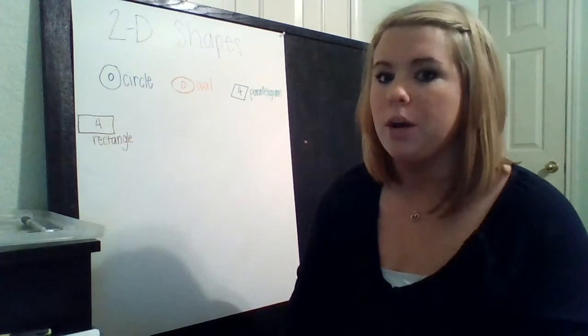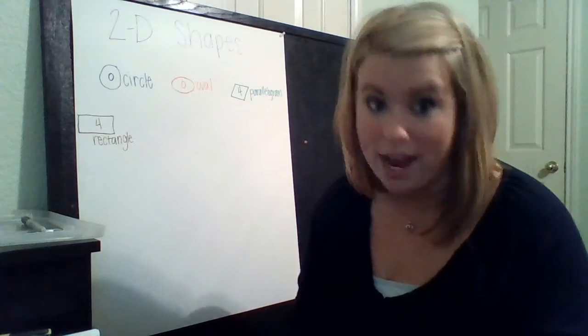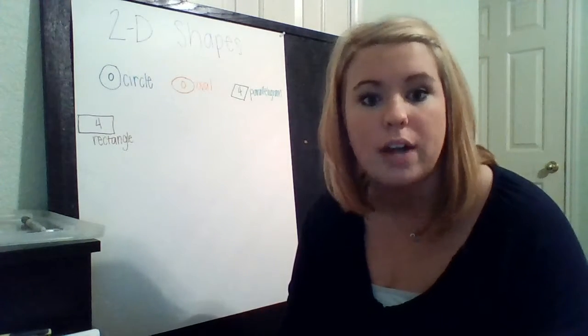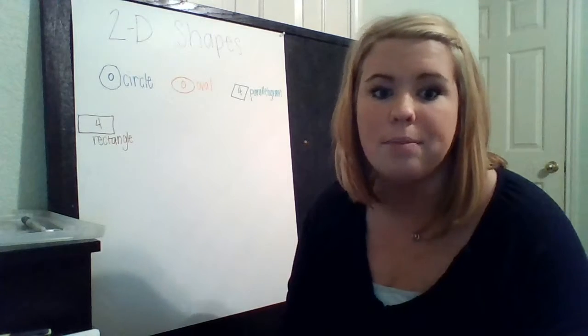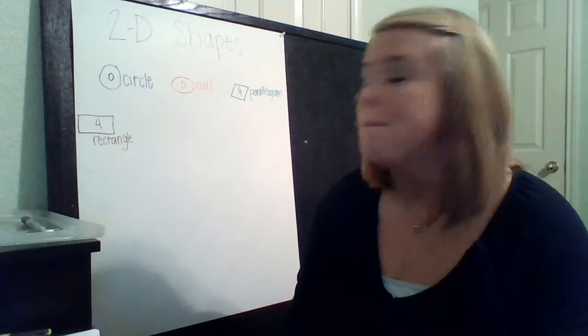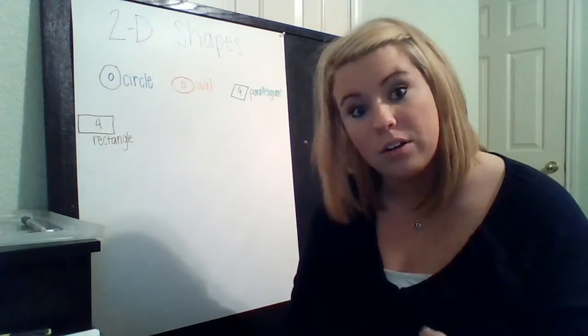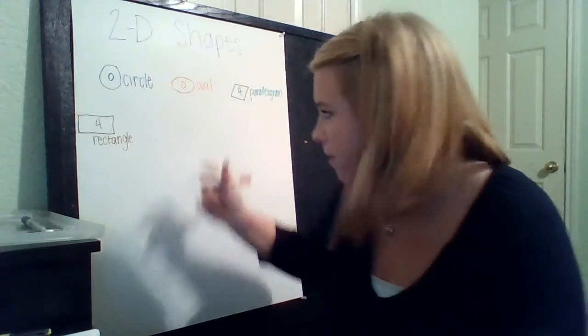And then we're going to give a break of the boxes and the 4 sides a little bit. We're going to go backwards and we're going to do triangles. So if you remember, there's different ways that triangles can look. They still have 3 sides, but I'm going to draw 2 different ones to show you that a triangle can still be a triangle, but just look a little bit different.